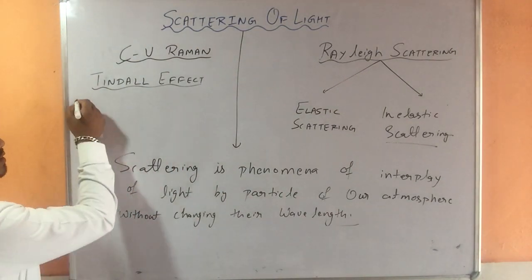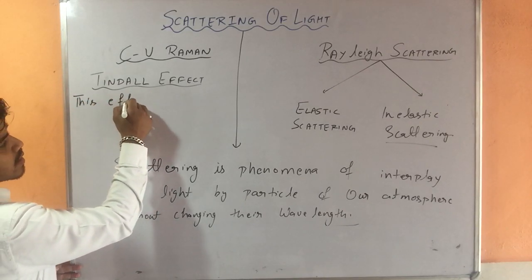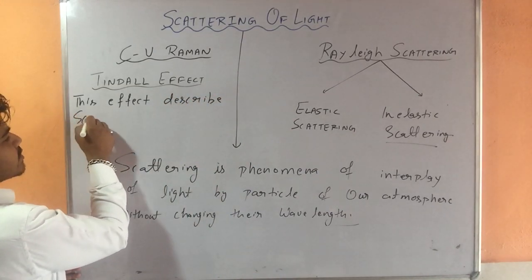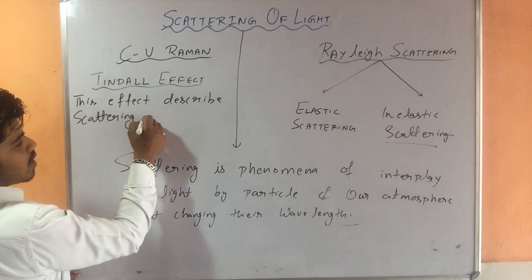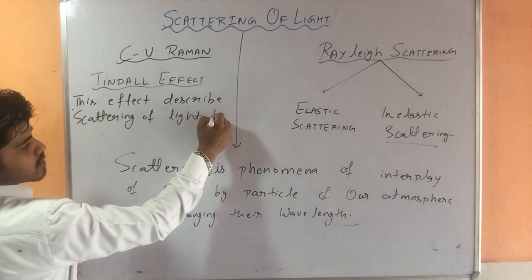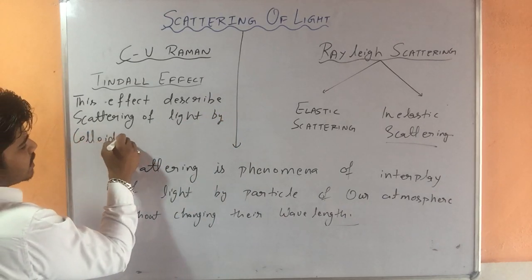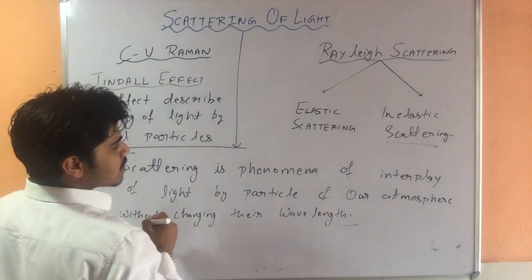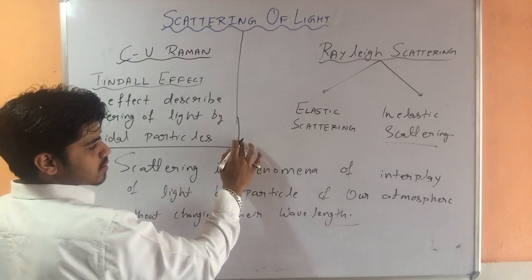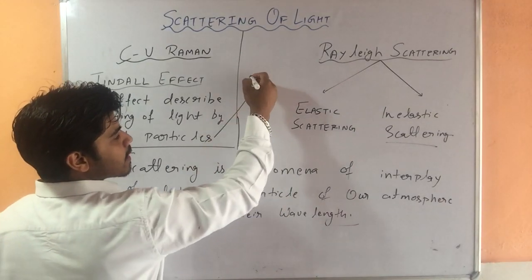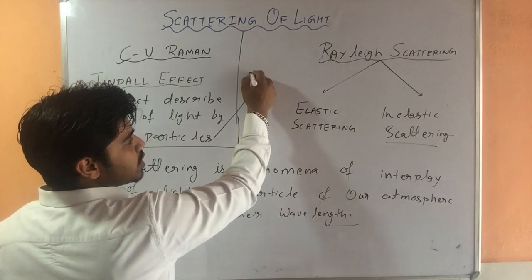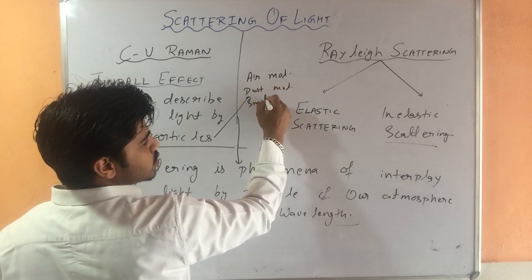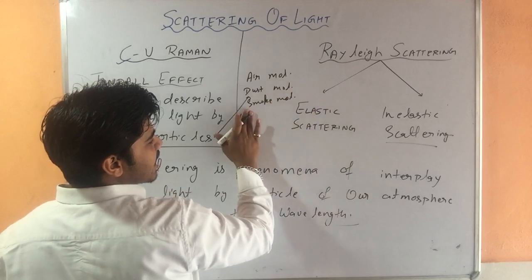So students, the Tyndall effect describes scattering of light by colloidal particles. Colloidal particles are like air molecules, dust molecules, smoke molecules, or tiny water droplets.